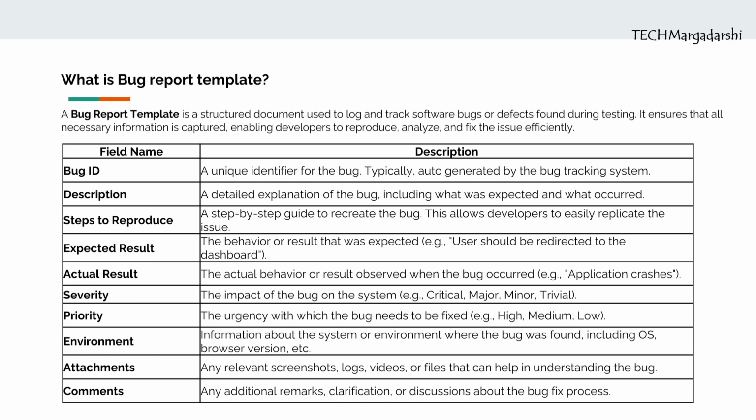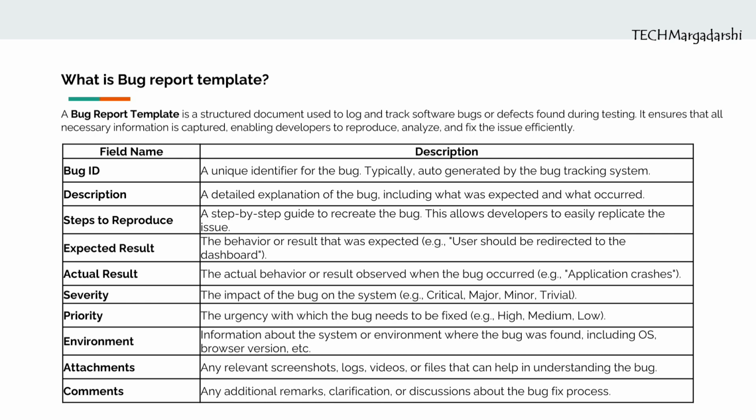Example, application crashes. 6. Severity, the impact of the bug on the system. Example, critical, major, minor, or trivial. 7. Priority, the urgency of fixing the bug. Example, high, medium, or low. 8. Environment, details about the system where the bug occurred, such as OS, browser version, or device info. 9.